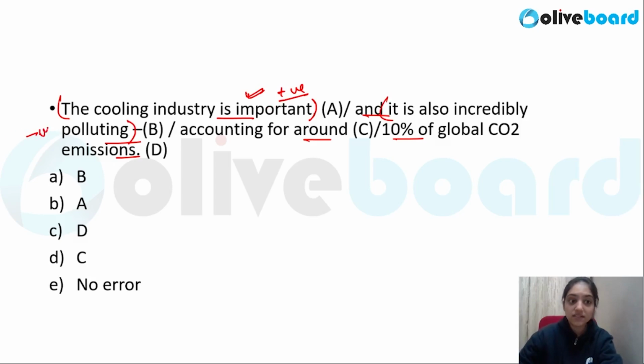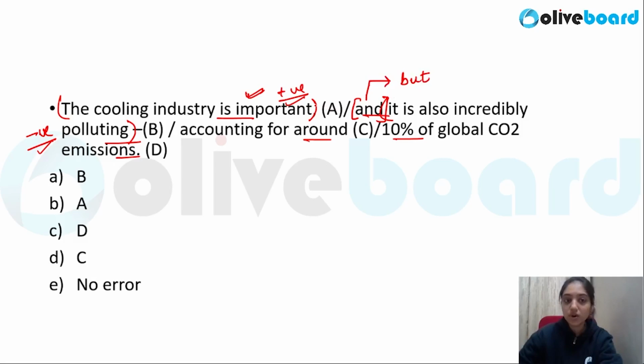This here carries a negative connotation, but it is connected by a conjunction and, which is used to connect similar things. Are these two similar? No, they're not similar. This here carries a positive connotation while this here carries a negative connotation. So there is a contrast between these two phrases. Hence, this and must be replaced by but in order to correct this error.